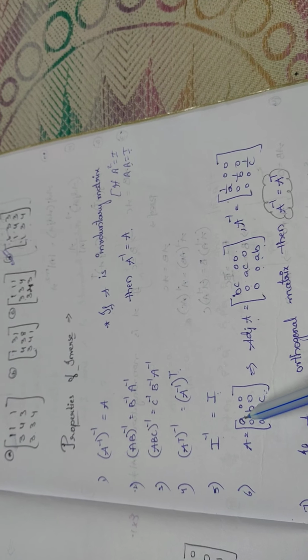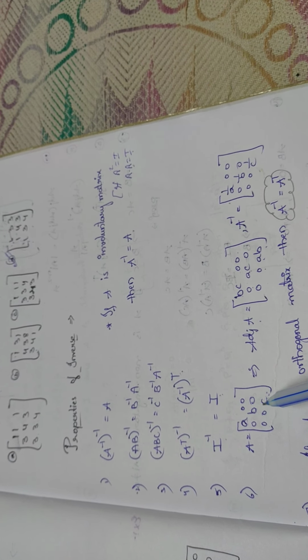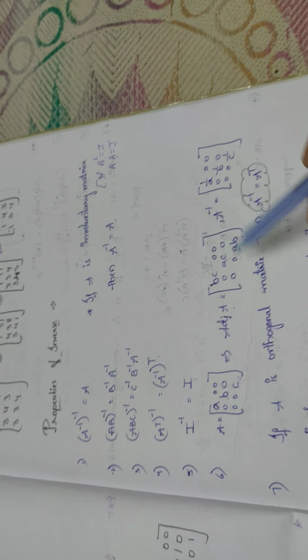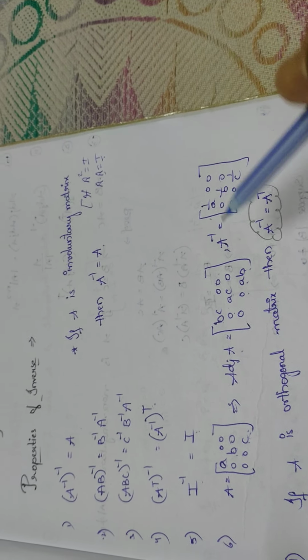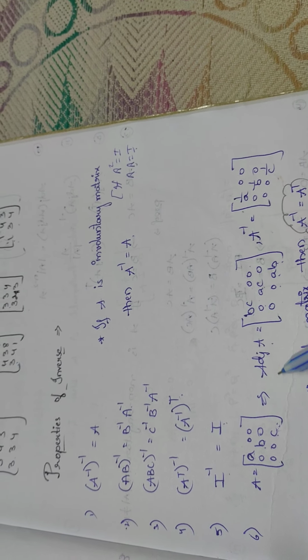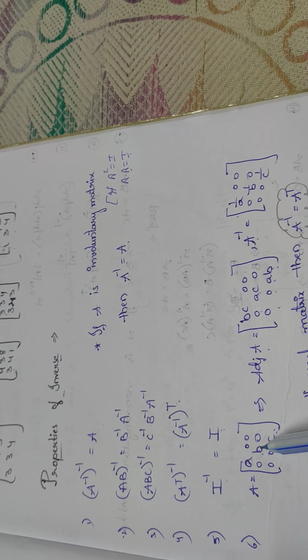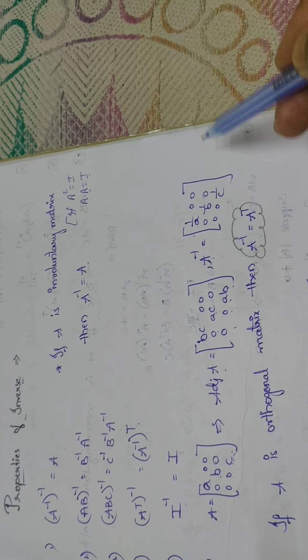Multiplication: in the place of a you write the product of these two, in the place of b you write the product of these two, in the place of c you write the product of these two. And the remaining is also nothing but a diagonal matrix only. And A inverse is nothing but adjoint of A gives this one. A inverse gives 1 by a, 1 by b, 1 by c, and the same zeros we get.